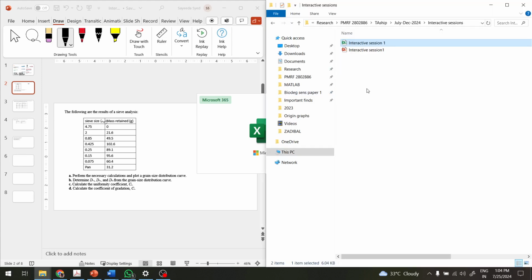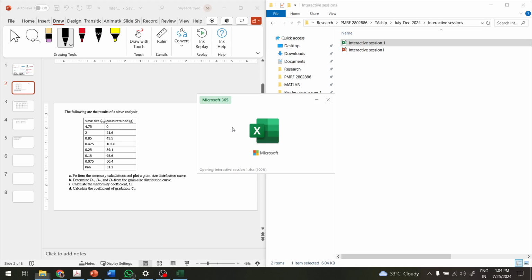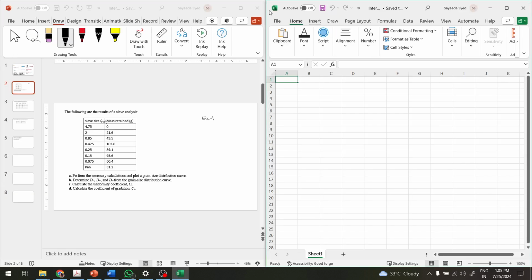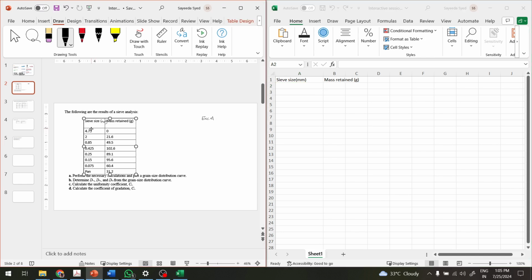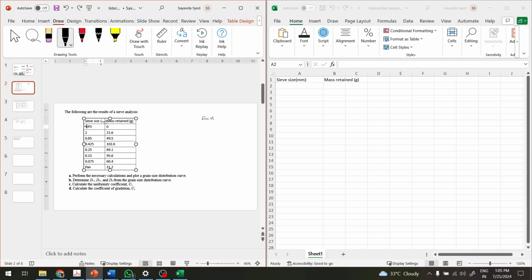Okay. So first let's start with filling in these details. This is our sieve size in mm. Then we have our mass retained in gram. I can copy this directly.